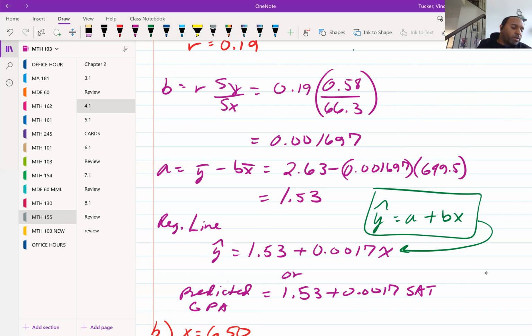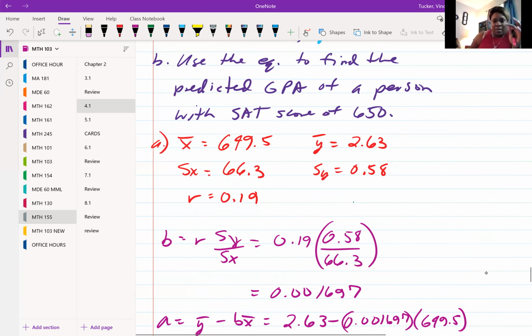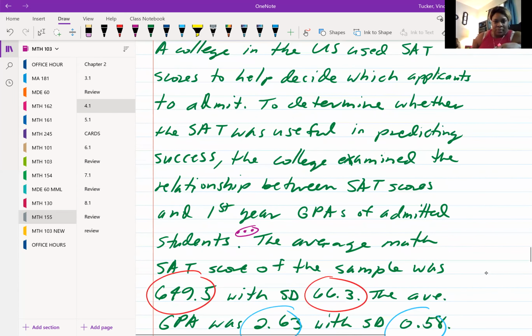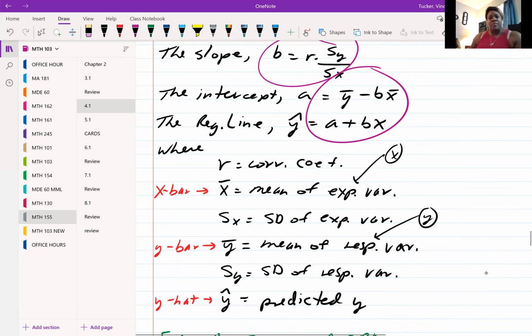All right, questions? Any questions? Can you scroll back up a little bit to where you did the regression line, like with the slope and the intercept? Right there. All right. I just need a little bit, that bottom part.